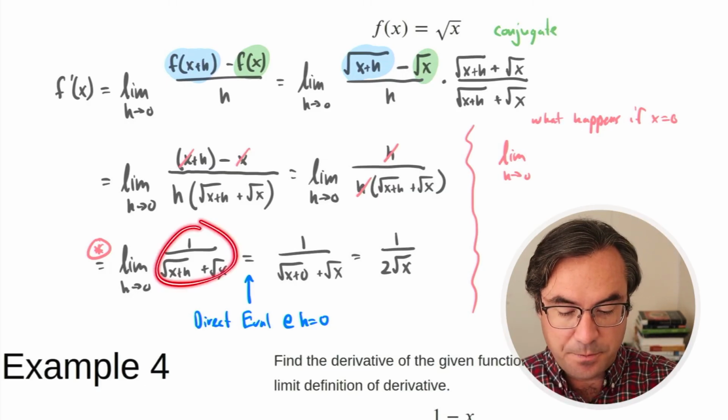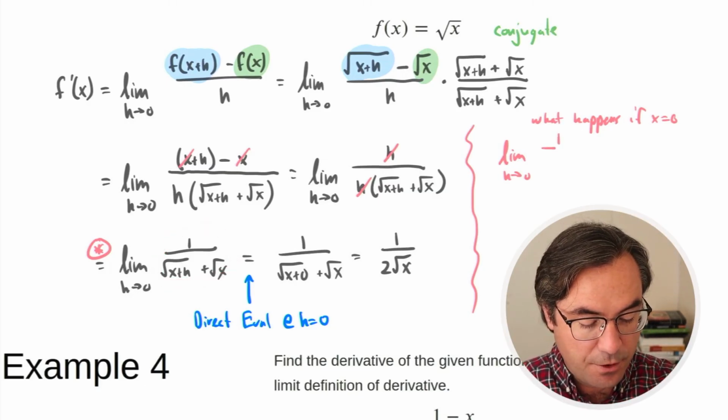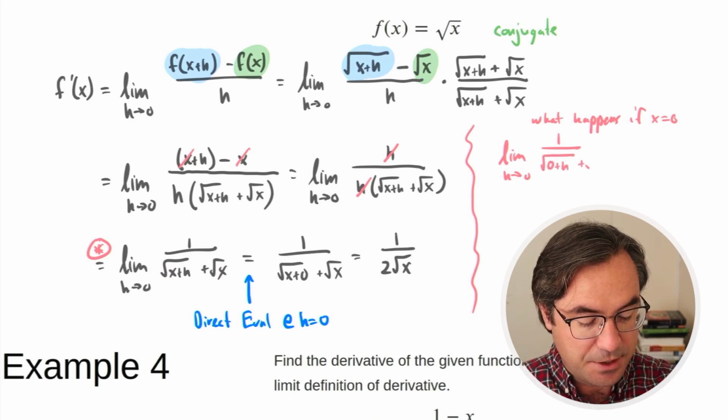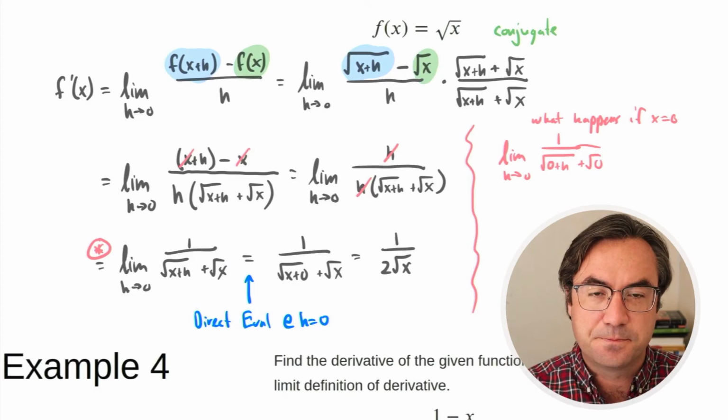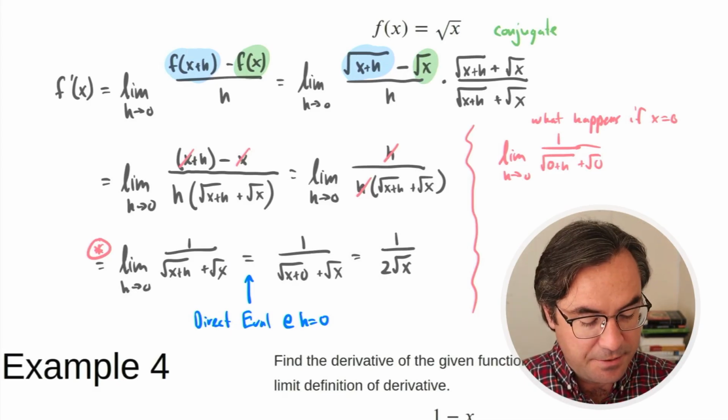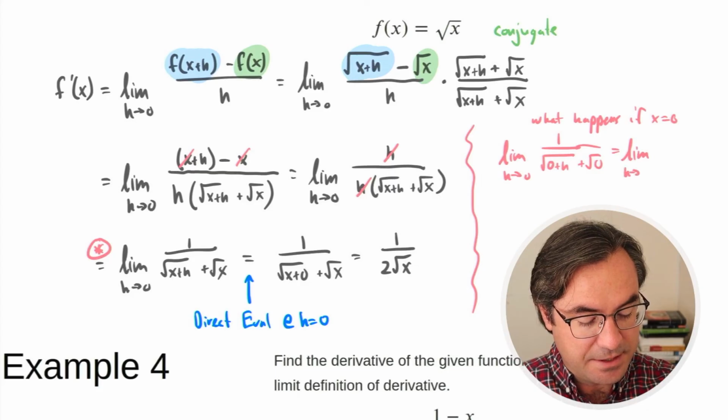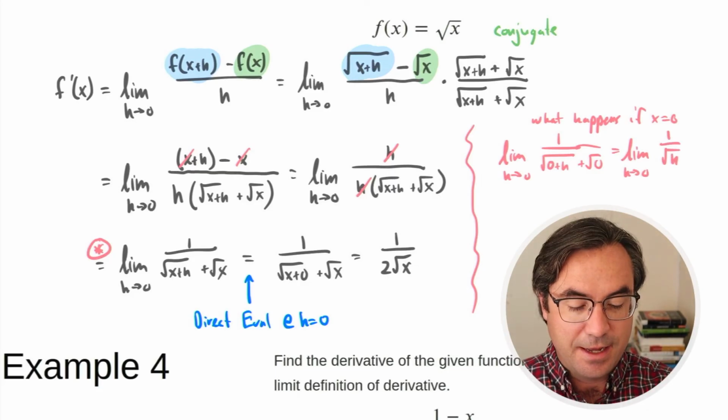So this step would become the limit of 1 over square root of 0 plus h plus square root of 0. And this is then the limit as h goes to 0 of 1 over square root h.